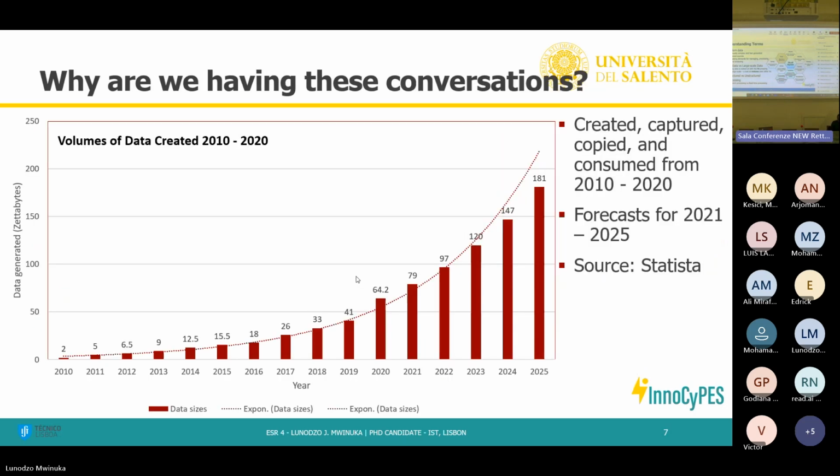Now, why are we having these conversations? Why should we be speaking of data management when we already have several approaches to manage data? Because we are generating data and already storing it. One of the alarming challenges is the amount of data that we generate. This is a very big concern, and I feel most of the data that we generate, we are not even using.